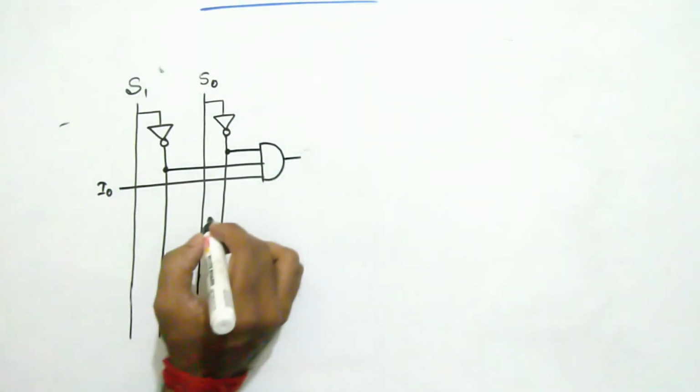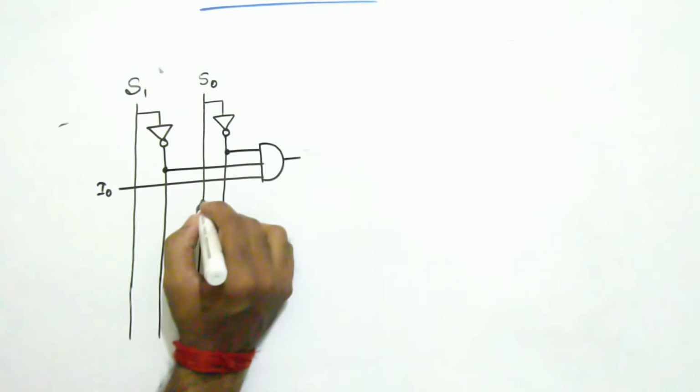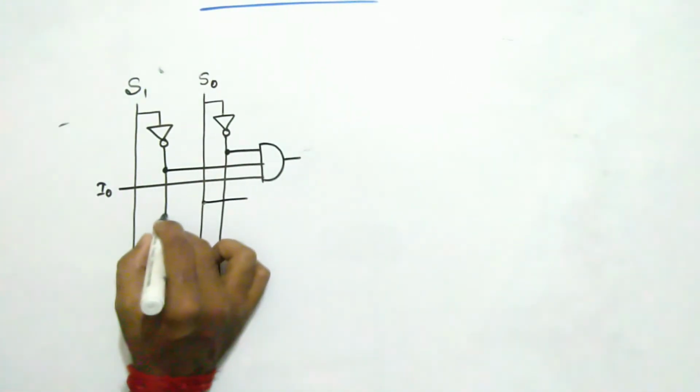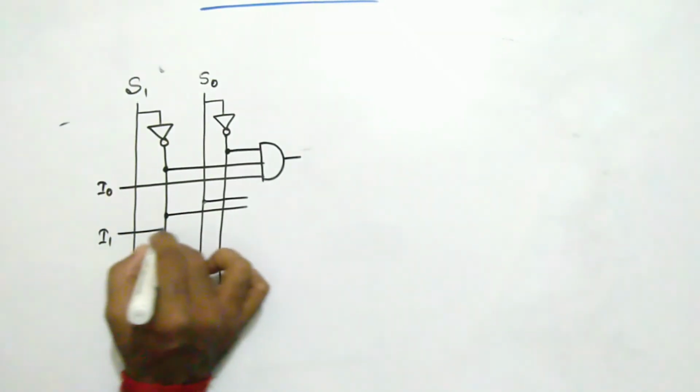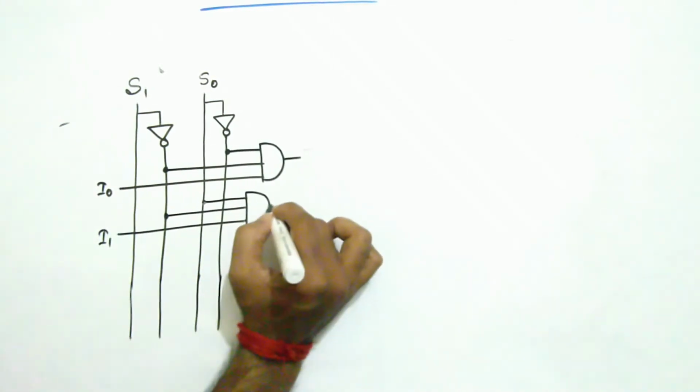Similarly, we have S1 complement S0 and I1, again fed to an AND gate.